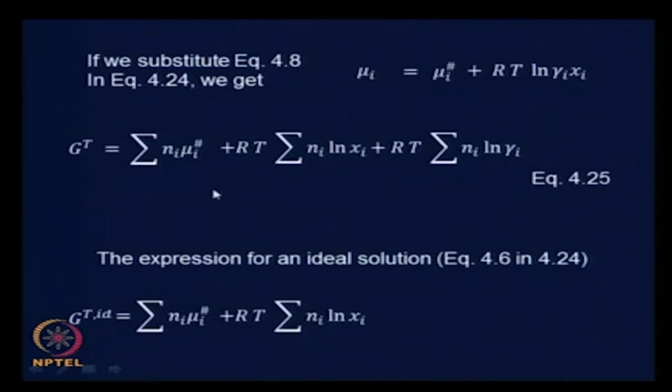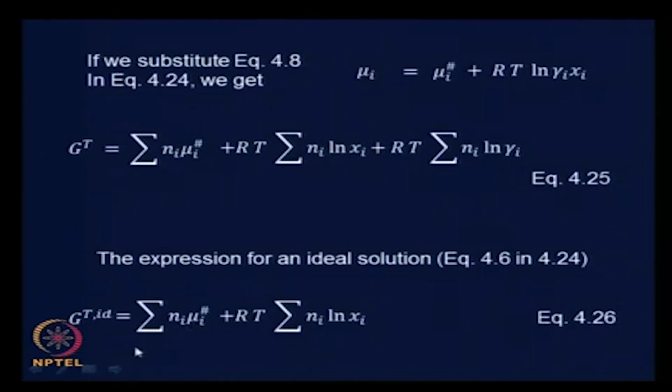Now, you know where we are getting at. You know that the excess property is going to be the actual minus the ideal. So, the expression for the excess property would be obtained if we subtract equation 4.26 from 4.25.